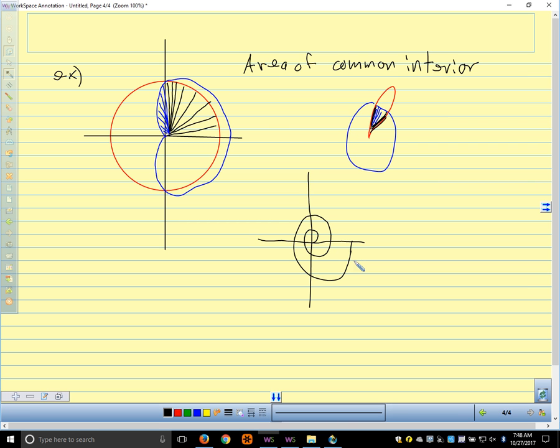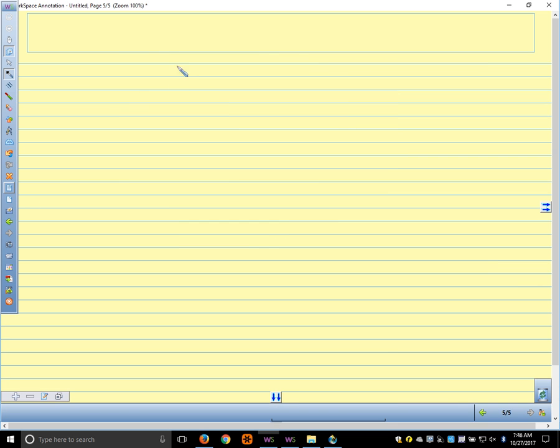All right, questions there. Another thing to be careful with is finding intersections of polar curves.